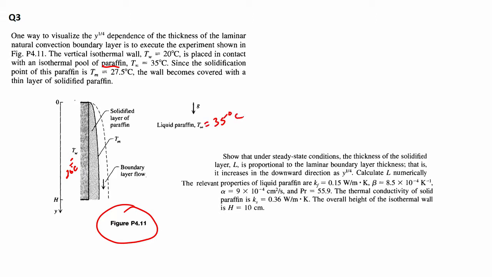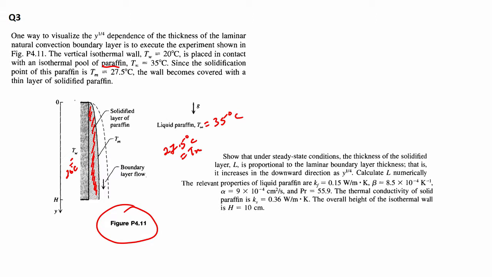Now, the solidification point of the wax, which is called Tm, which you see over there, is about 27.5 degrees Celsius. So, the wall becomes covered with a thin layer of this paraffin, that is what has happened.